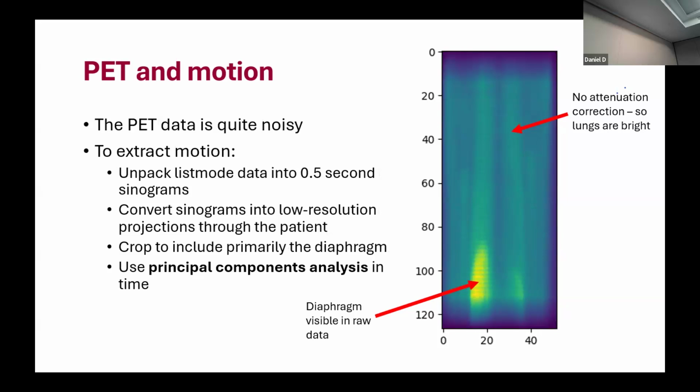You can see the armpits of the patient without any reconstruction. The diaphragm, which is very bright, is going to be moving, so we should be able to do PCA on this. You can crop this right down and just have a small patch. The first shot at this was to have half-second frames running throughout the 50 minutes, and then use PCA to pull out the breathing motion.